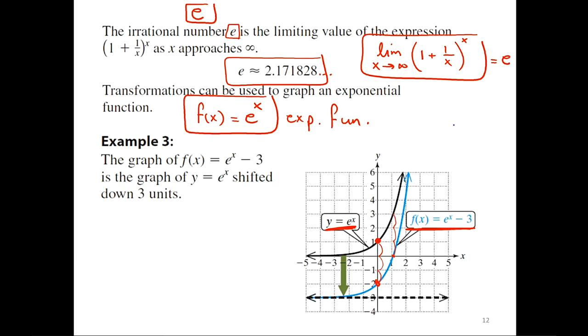If we have, for example, g of x equals e to the power x plus 2, this is shifting up by 2 units. So we have 1, 2. This is the value of shifting up, like this.